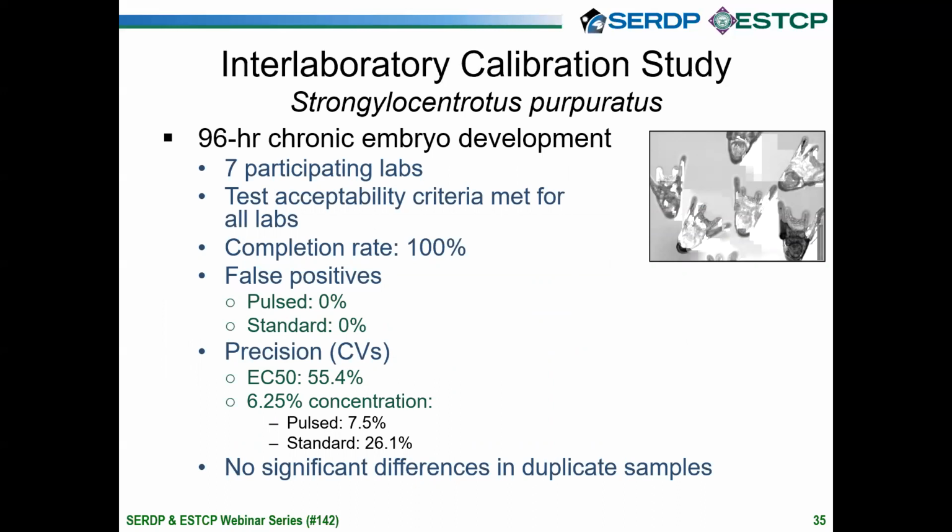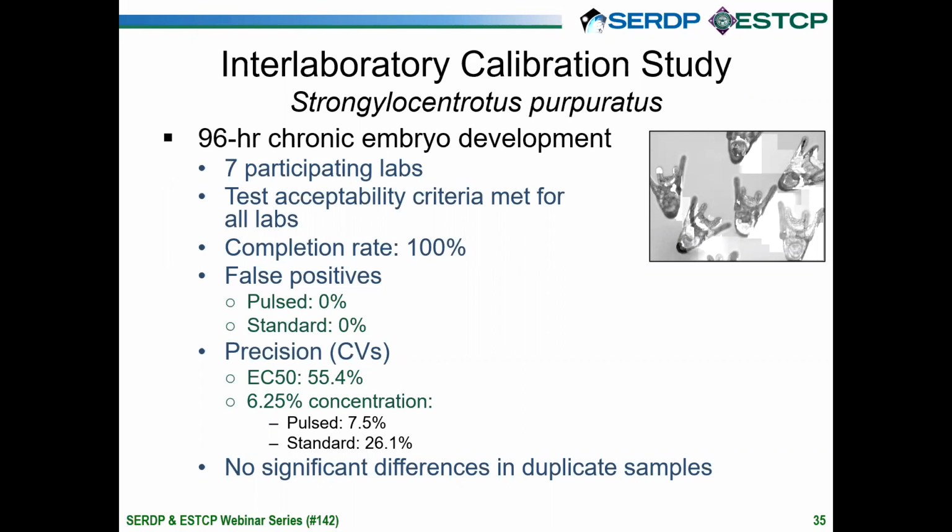And similar to the Ceriodaphnia test, the precision or the coefficient of variation for the EC50, in this case the effective concentration at which 50% of the organisms experience abnormal development, was 55.4%. And again, this is due to the fact that we had low responses or low EC50s, and when you have small changes in those EC50s, it drives that coefficient of variation up.